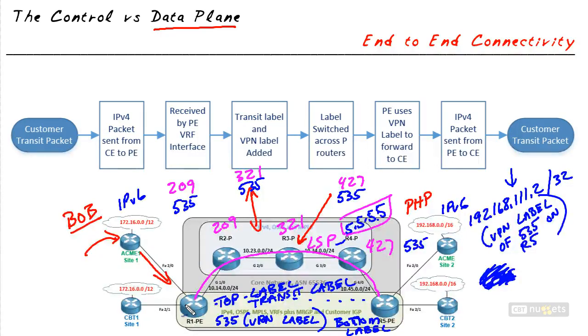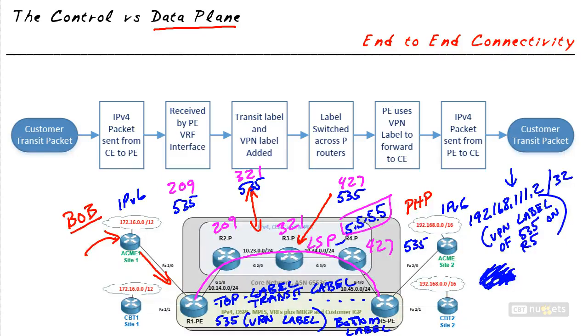Now our edge routers for sure are going to have to be speaking IPv6, but the actual core of our network doesn't have to know anything about IPv6 because all they care about is label switching between two IP addresses that they see as reachable. And that's R1's address and R5's address.